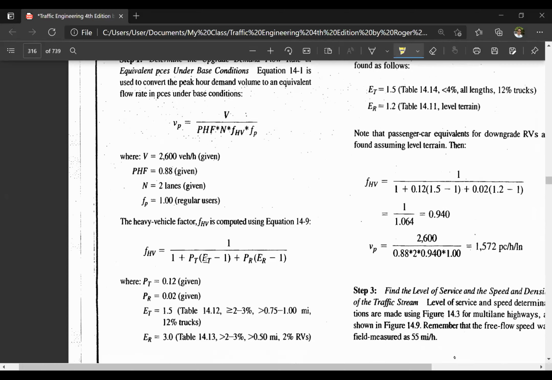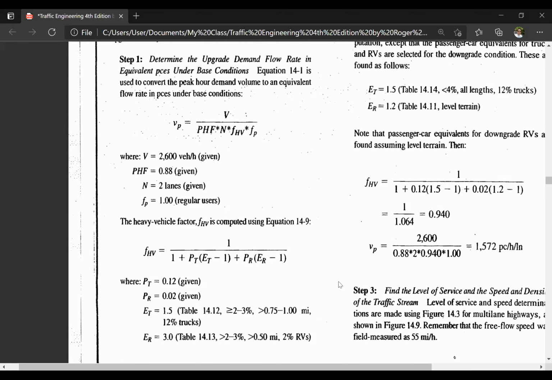But you need to look up the right ET and the right ER. This one is pointing to ET of 1.5 by looking up table 14.12, given 2 to 3% grade for 1 mile, with 12% trucks.